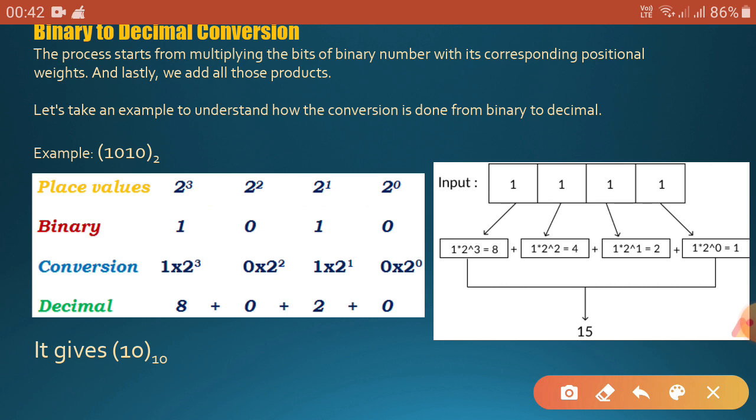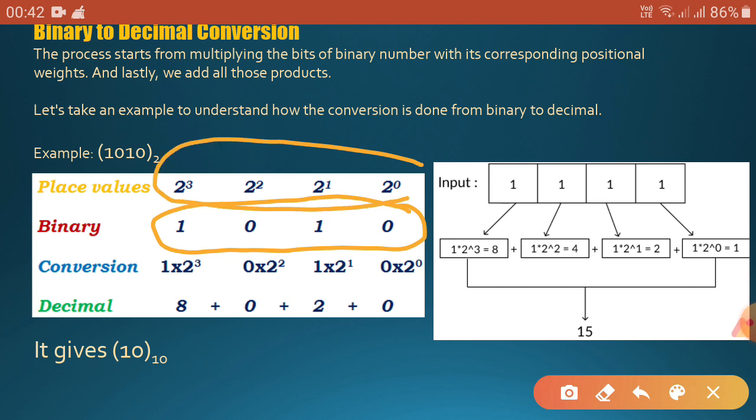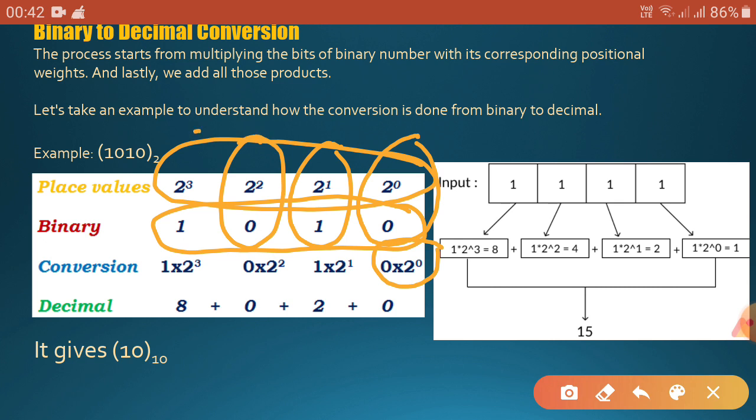Here we write all those numbers, and these are the positional values or place values. At first we multiply: 0 multiplied with 2 to the power 0, then 1 into 2 to the power 1, then 0 into 2 to the power 2, then 1 into 2 to the power 3. Then we add all those values.